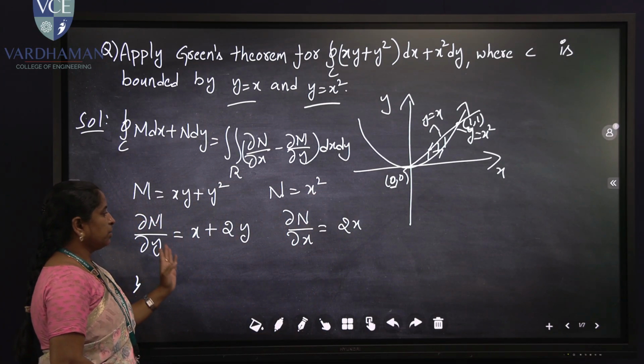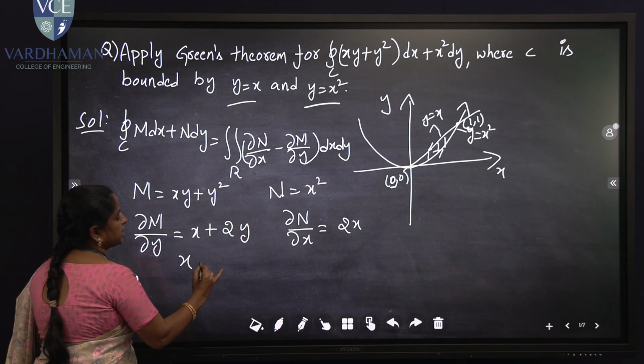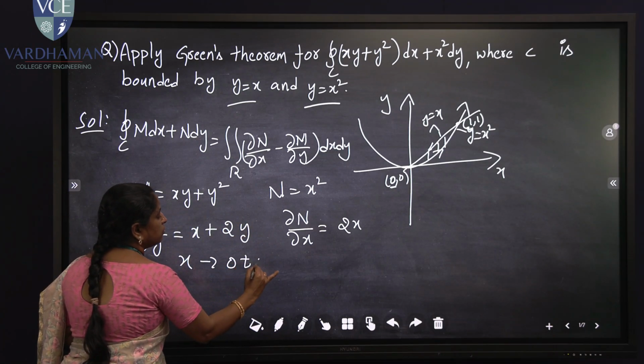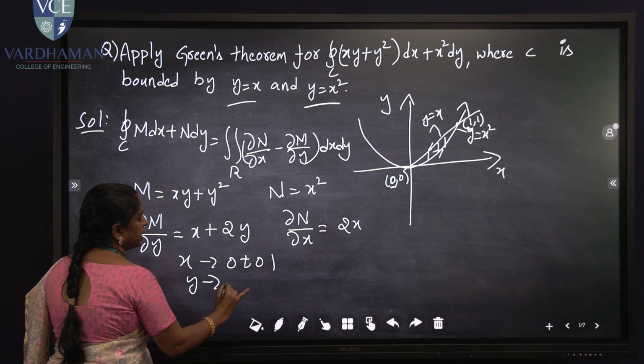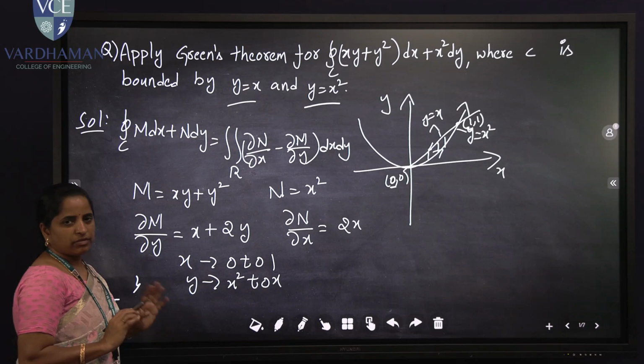So we got ∂M/∂y and ∂N/∂x, and the limits are also from that graph. So x varies from 0 to 1 and y varies from x square to x. Now we will substitute this.